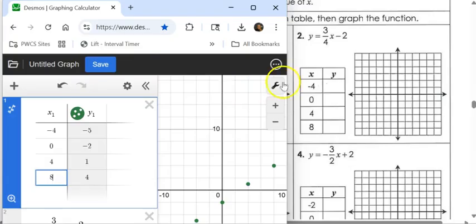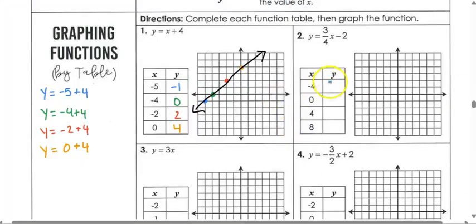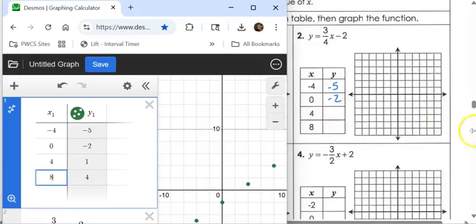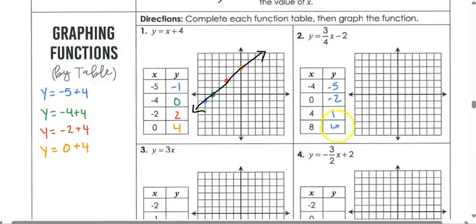So that means these values would be -5, -2, 1 and 4. And then I could go ahead and graph those points, or at least the ones that fit on the graph. I skipped 8, 4 because it doesn't fit. And then I have my graph.